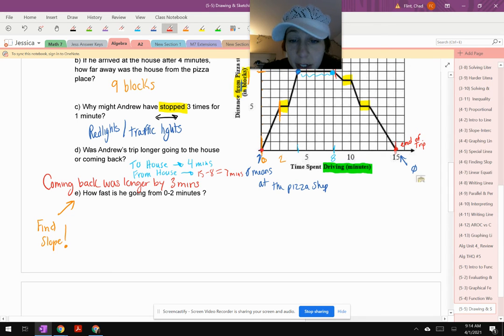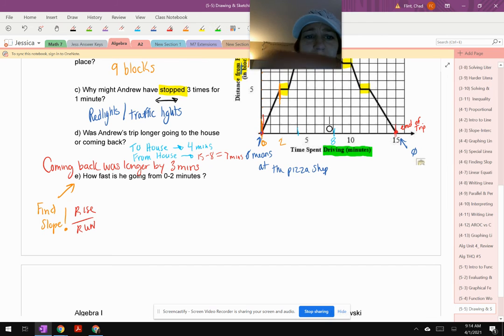So if I'm starting here, I'm going up 2 over 1. You're looking for that rise over your run. So I'm going up 2 over 1. Up 2. Not exactly. That's not true because that wasn't right there. Let's try that again. Let's go a different color.